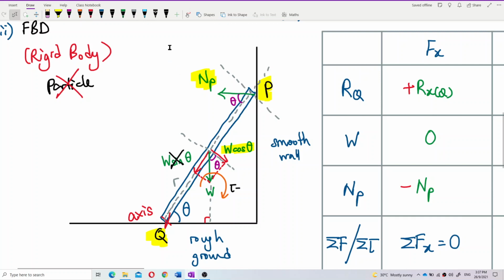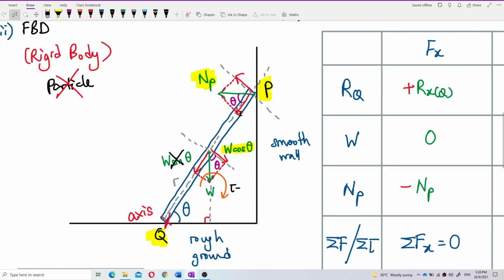So again, we can resolve this normal force into two components. Okay, draw a line first: the parallel component and perpendicular component.